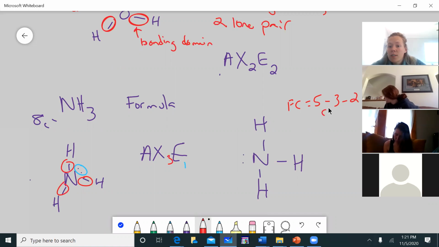So the formal charge is going to be 0 on nitrogen. Hydrogen's formal charge, we're in column 1, and we just have a line, 1 minus 1, so 0. So these also have a formal charge of 0. So this guy's very stable.